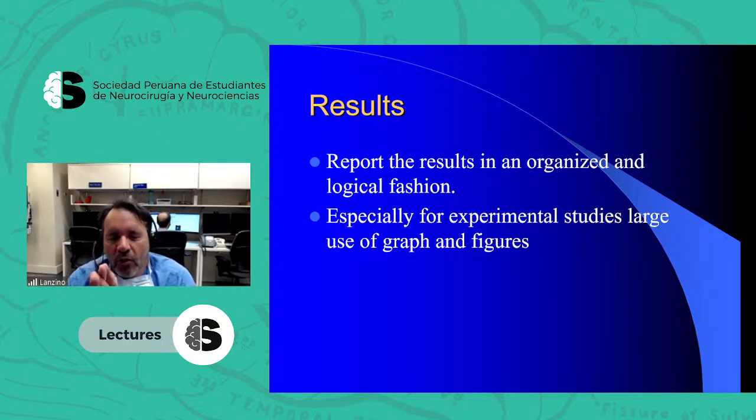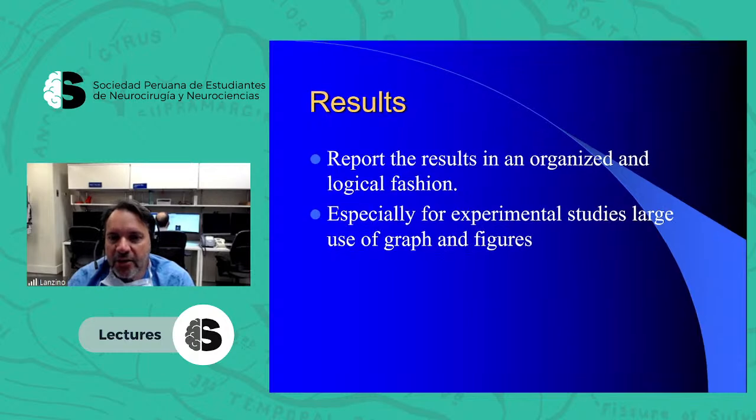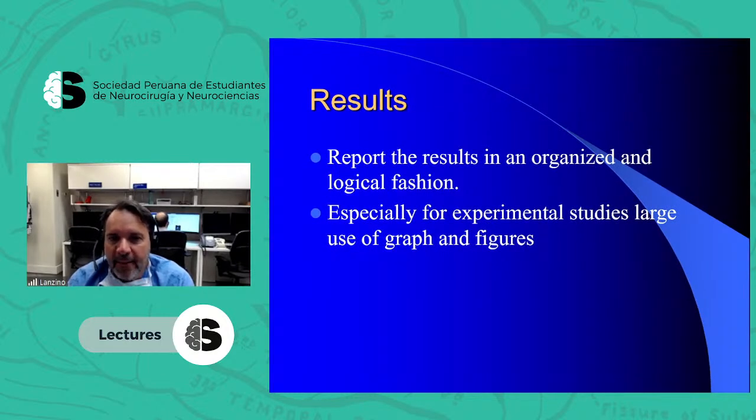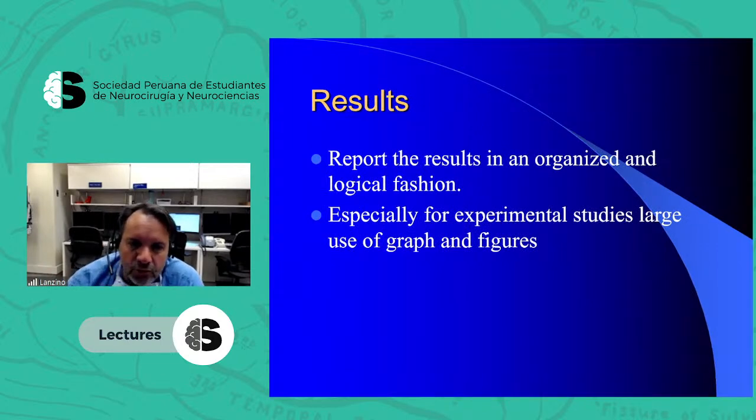And then in the results, you need to report all the pertinent numeric observations and results of your study, but for that purpose, you can liberally use figures and tables and graphs to illustrate your results, and also to list in an accompanying table or in a figure a lot of the information that is not necessary to spell out in the text.